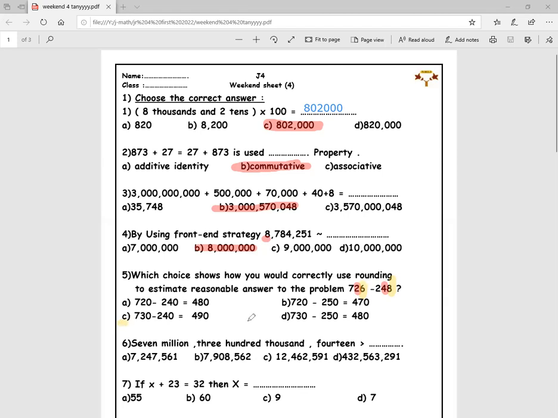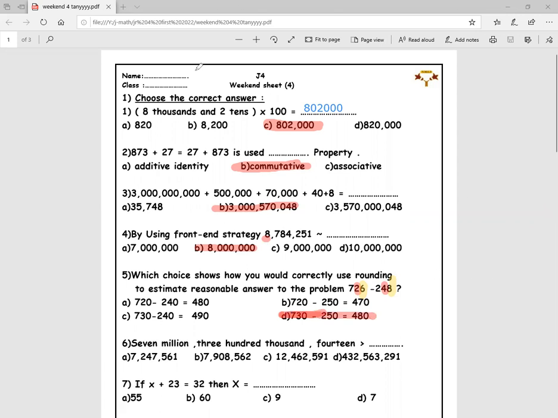But let's see the next one here. 248, will it be rounded to 240? No, because 8 is a strong number. So what is the right answer? It's going to be 730 minus 250. Excellent.